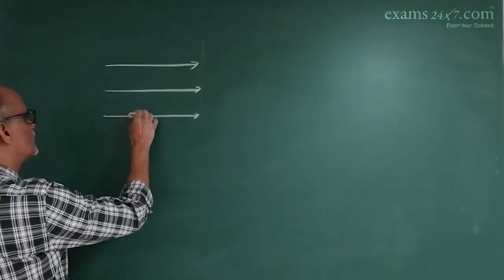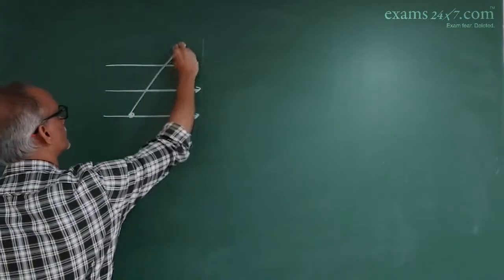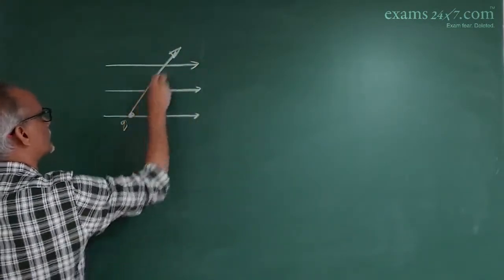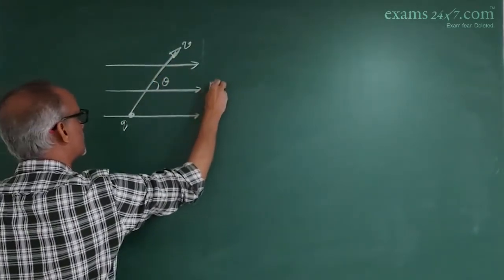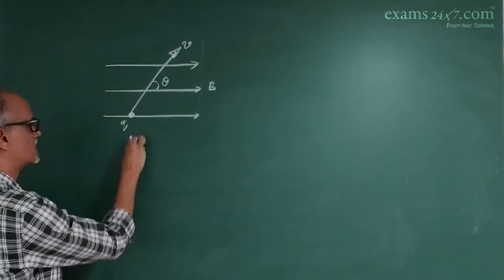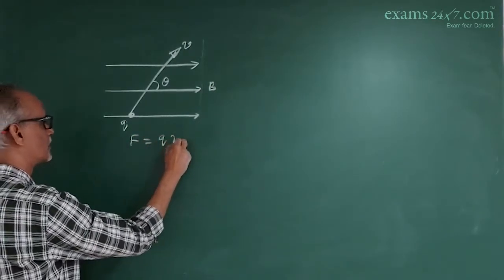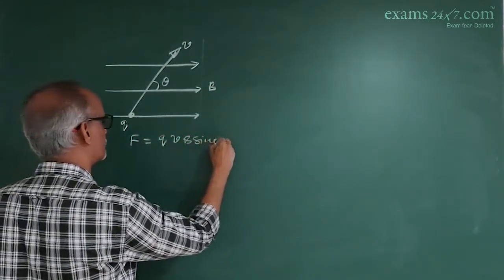When a charge moves in a magnetic field with a velocity v, making an angle theta with the field, it experiences the magnetic force given by F is equal to Q V B sin theta.